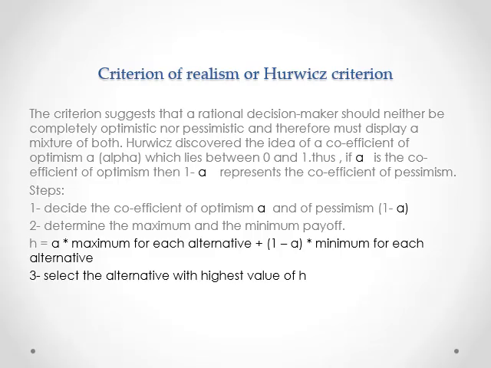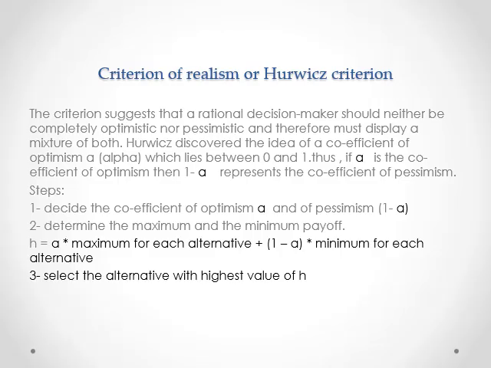Okay, here is the criterion of realism. This criterion suggests that a rational decision maker should neither be completely optimistic nor pessimistic, and therefore must display a mixture of both optimistic and pessimistic, which introduces the idea of a coefficient of optimism, alpha, which lies between 0 and 1.